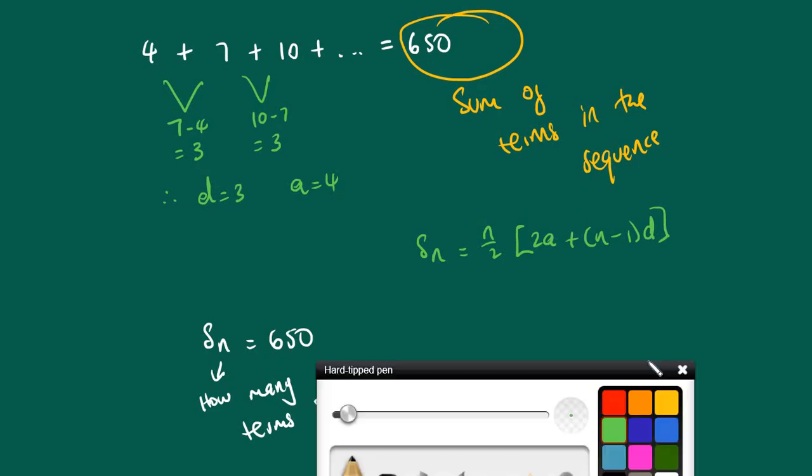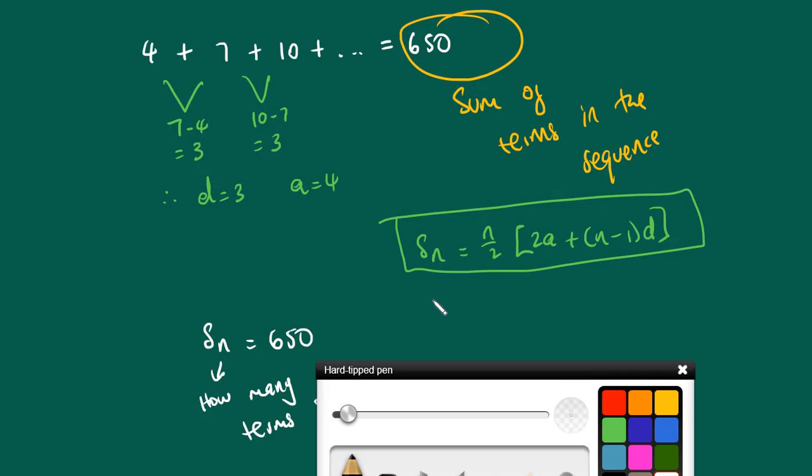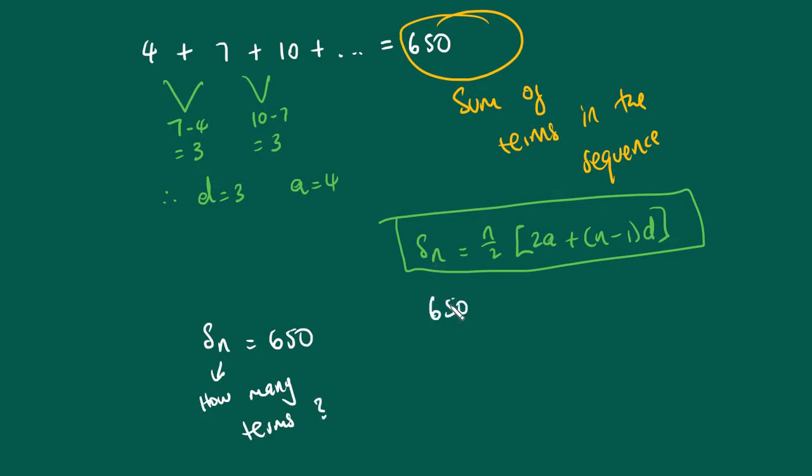So the sum given there, remember it was how much? The sum given is 650. So it is our Sn, right? Then I say it's equal to n over 2. What is the n in the sum formula? The n is the number of terms. So if I can get that n, it means I'll know how many terms were added to get 650.